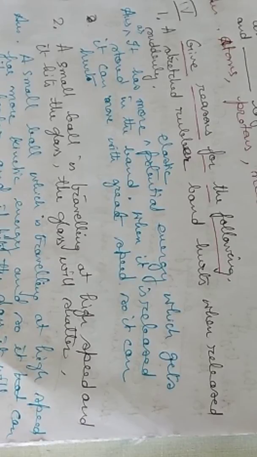So our energy gets stored in the form of elastic potential energy in the rubber band. And when it is released, it has that much energy that it can move with great speed. It can move a stone with great speed so that it can hurt us.